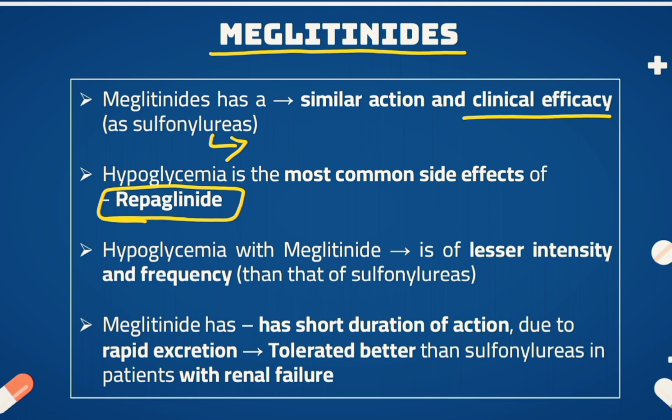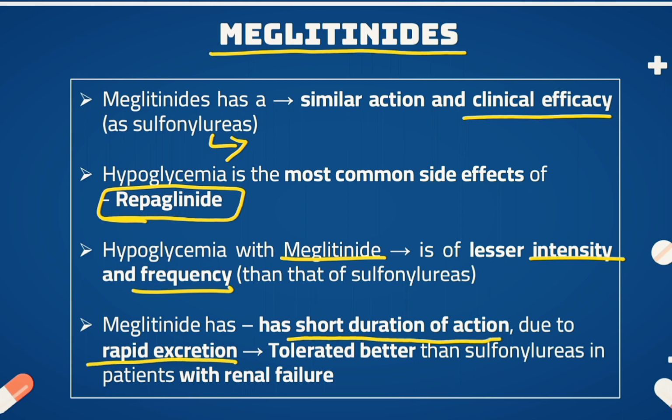But as compared to the sulfonylureas, the intensity and frequency of hypoglycemia with this class of drugs is lesser. Hypoglycemia with sulfonylureas is of higher intensity and frequency as compared to meglitinides, and meglitinides have a short duration of action and rapid excretion.